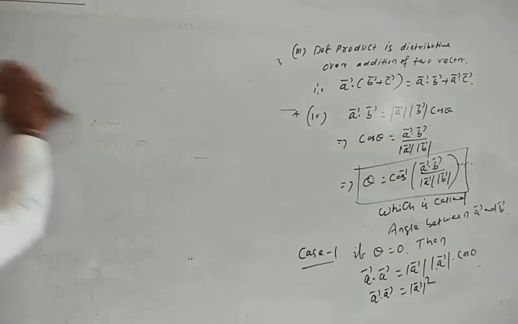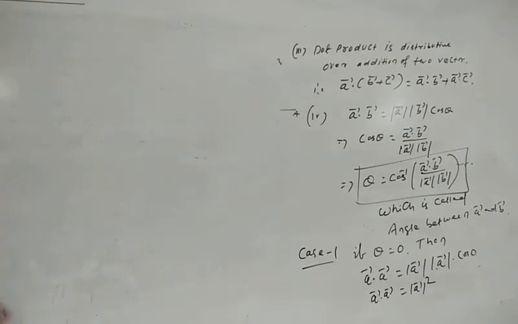Okay, so if theta is equal to 0, then two vectors are parallel.